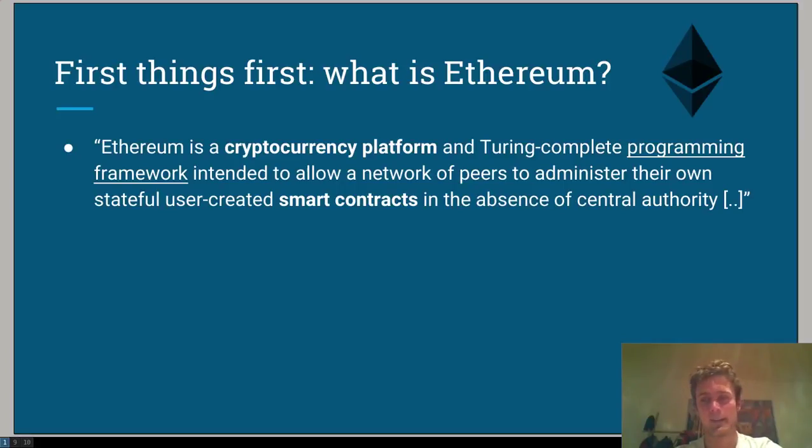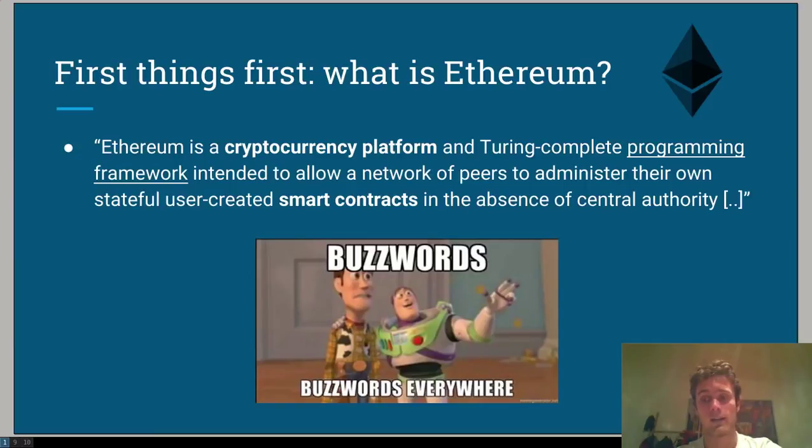And yeah, the first time you hear something like this, you must just be thinking, wow, that's so complex, and there are buzzwords everywhere. And I'll try to give you an idea of every single keyword in this sentence, in this video.